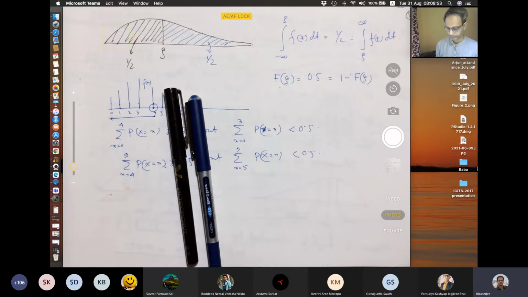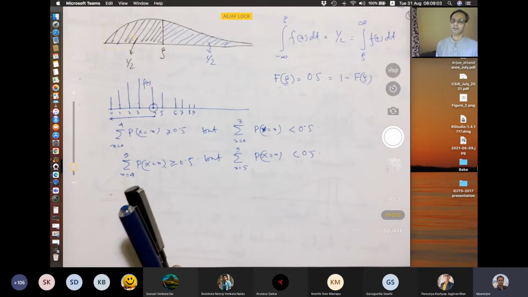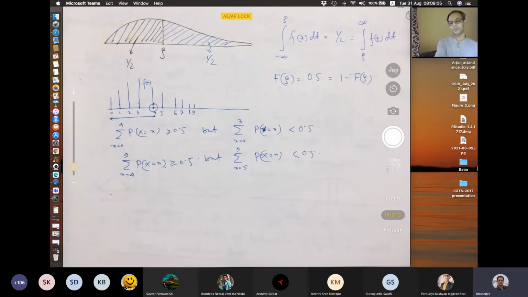So we have talked about the measures of central tendency: mean, median, and mode. Mean is the average in the usual sense. Median is the middlemost point of the distribution. If you collect the data, then also it is the middlemost point.